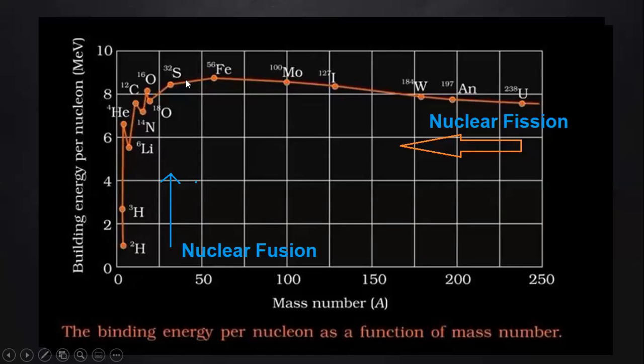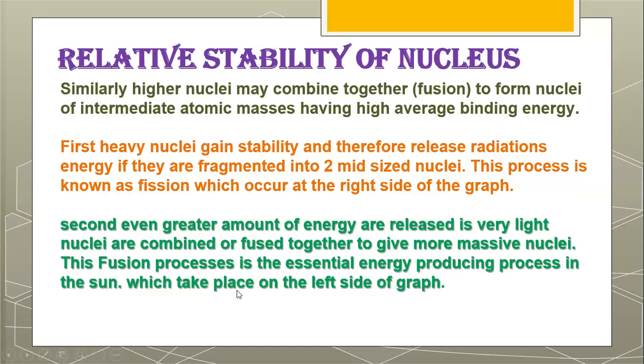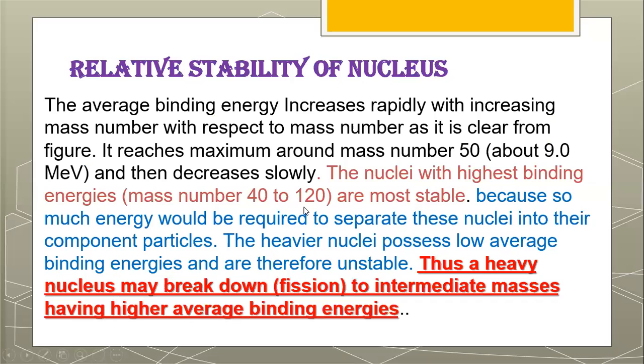At the value of 50, the binding energy per nucleon, as the figure represents here, is 9. So the binding energy per nucleon increases up to a mass number of about 50, where the value is 9 mega electron volt, and then it decreases slowly.